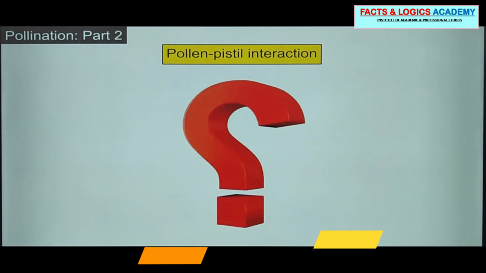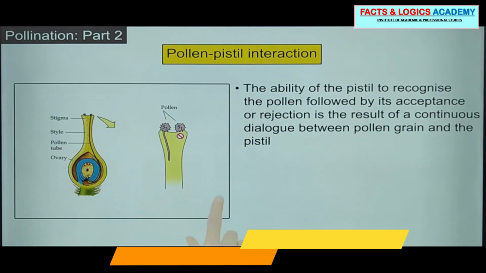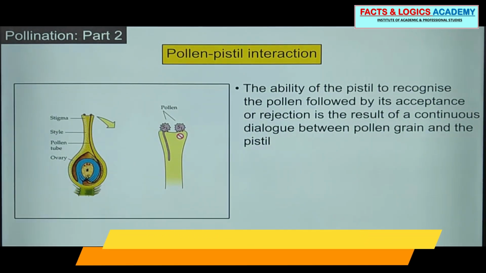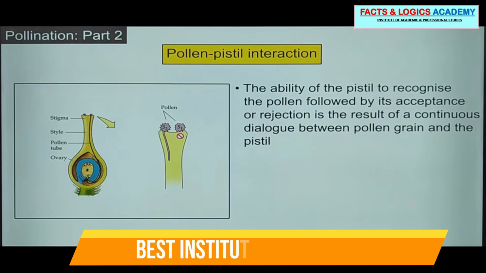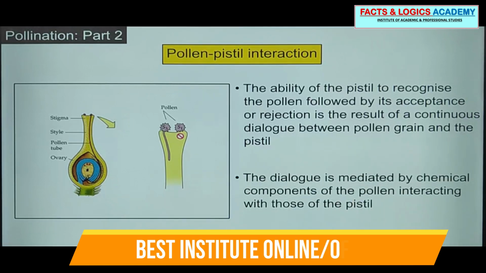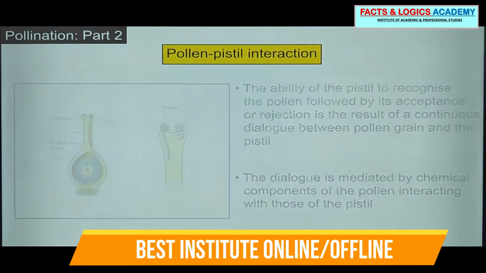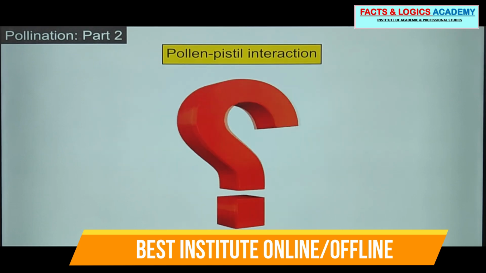So how does this happen? The ability of the pistil to recognize the pollen followed by its acceptance or rejection is the result of the continuous dialogue between pollen grain and the pistil. This dialogue is mediated by chemical components of the pollen interacting with those of the pistil. So, what happens next?